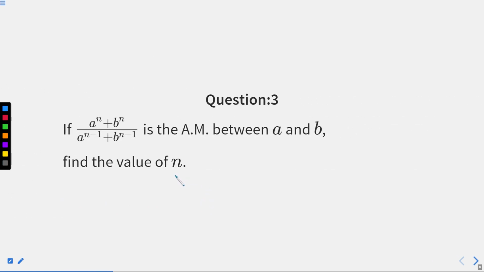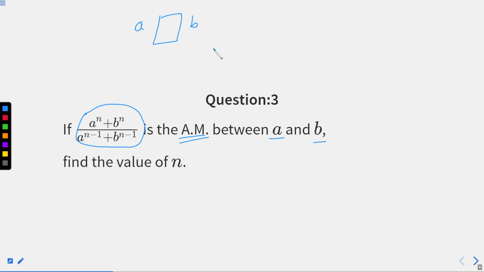Now this question is also from the concept of arithmetic mean. And here we have given AM, AM between A and B. The first term is A, last term is B, and in between them there is only one term.